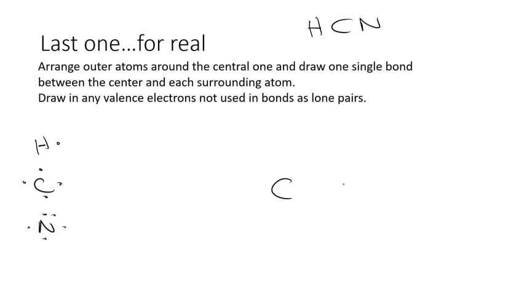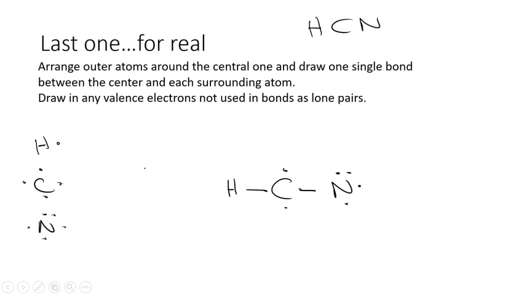We've got carbon in the center, 4 valence, single bond. Our 2 leftover valence electrons, nitrogen, it had 5, now it's got 4, and hydrogen with its 1 valence electron, so it's got nothing else to put around there.